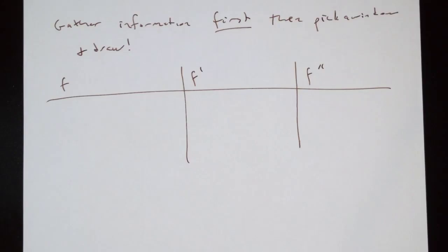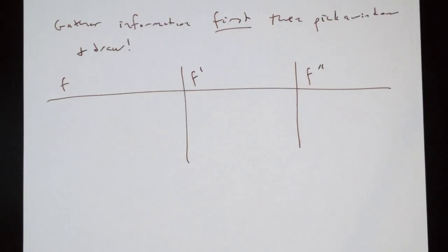If I want to know where to look to see a function, what's the first thing I should start with? Thinking about my function. Where do you put zero? Yes, the intercepts would be good because then I could plot some points, right?